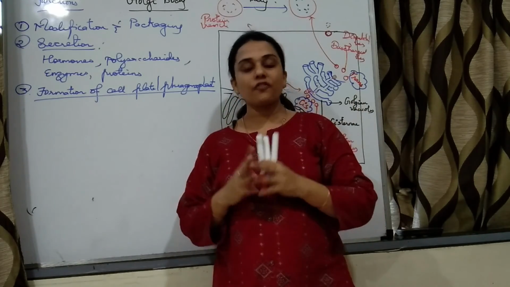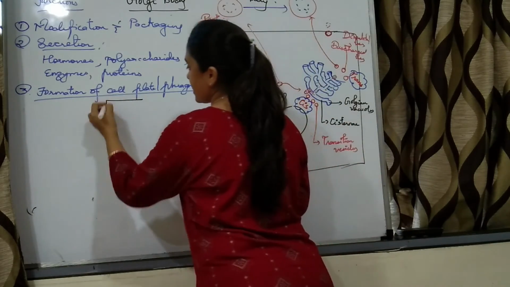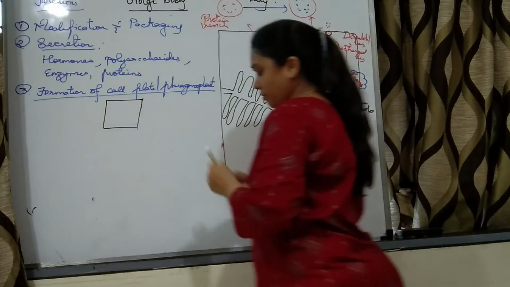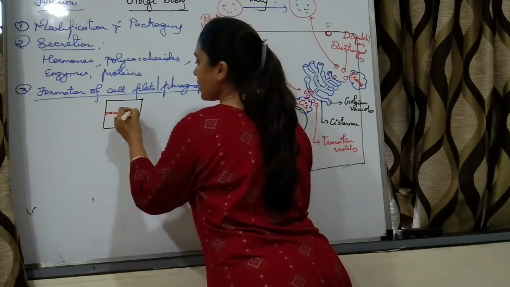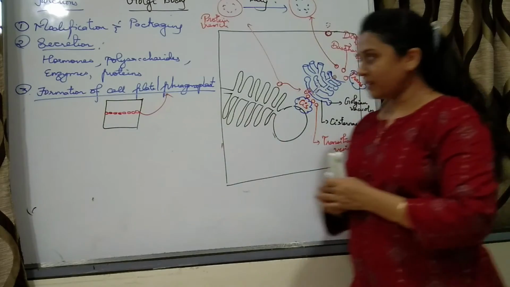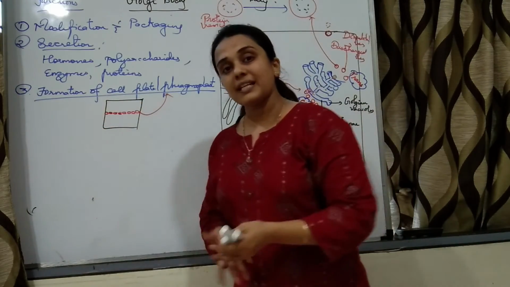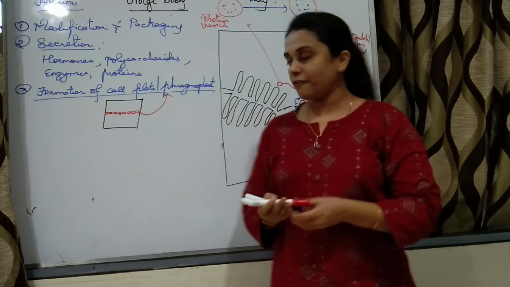The vesicles of the Golgi body form a cell plate. Say this is a cell, right? Then the vesicles of the Golgi body form a cell plate, and finally it bursts to release calcium or magnesium pectate, and the middle lamella is formed.